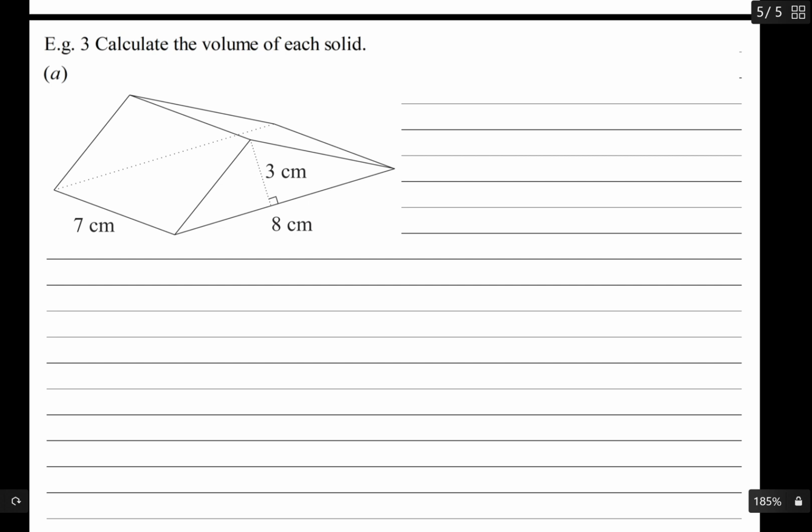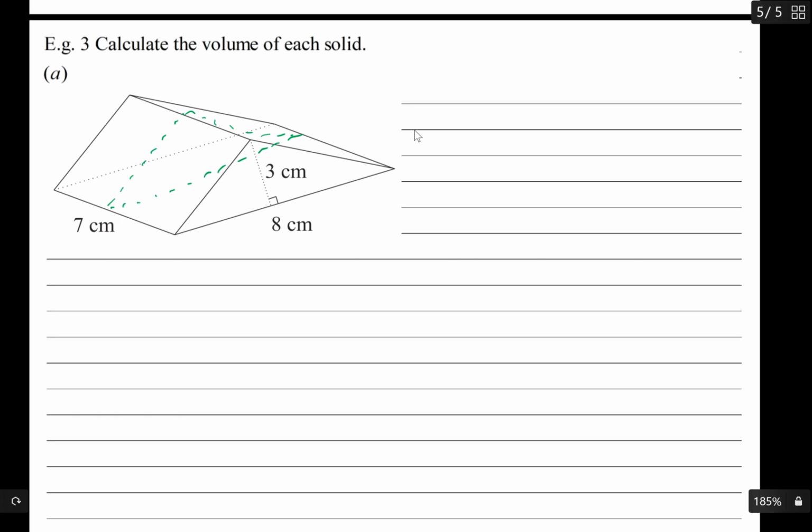So, this is a triangular prism. You can see if I were to cut the prism somewhere along that direction, I'm going to get a cross section that's congruent all the way through, and that's going to be a triangle.